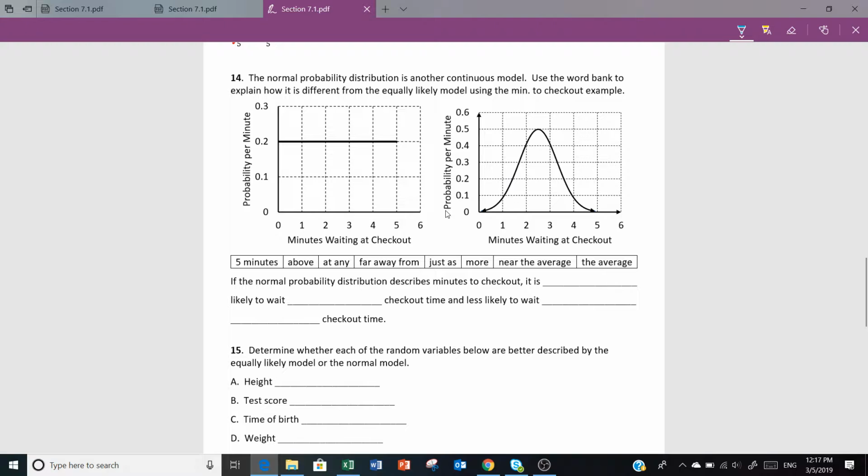Less likely, it's on the right side, less likely to weight far away from the average checkout. Good, you guys started it correctly.